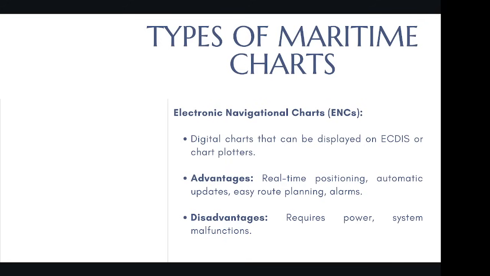So next we have what we call the electronic navigational charts or the ENCs. So this time, if we have the paper-based chart, we also have the digital charts. So the ENCs are the digital charts that can be displayed on ECDIS.